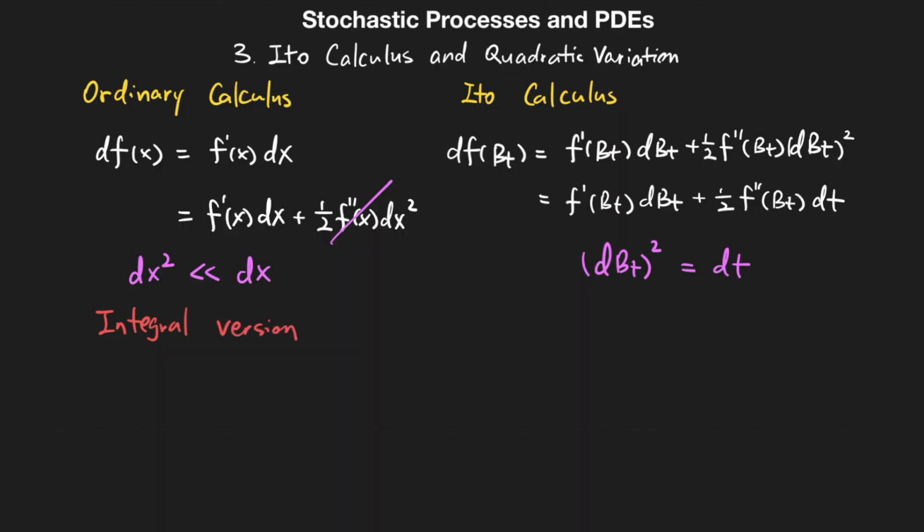The equation that we just looked at is the differential version, and for the integral formula, we simply integrate over both sides. Let's say that the range of this integral goes from 0 to t.